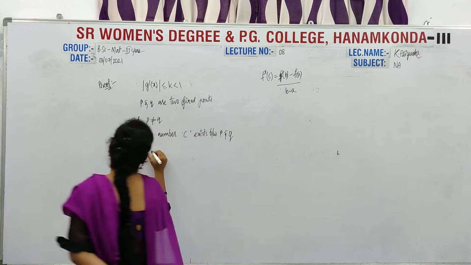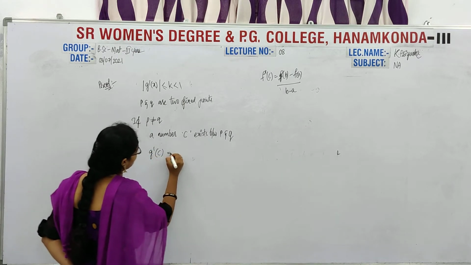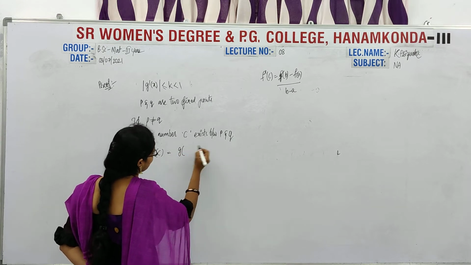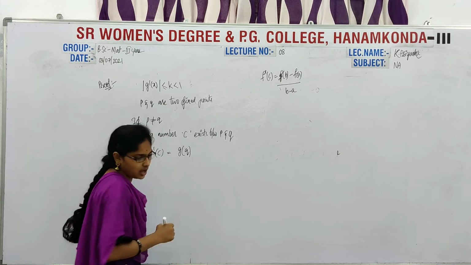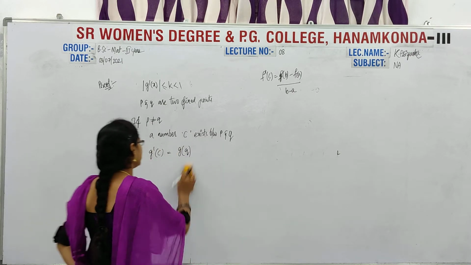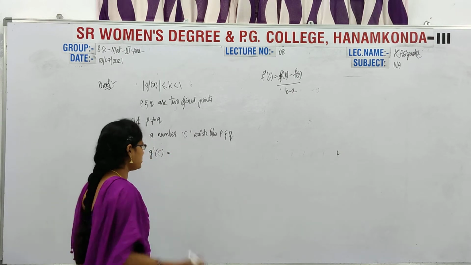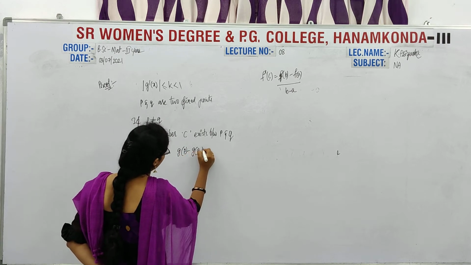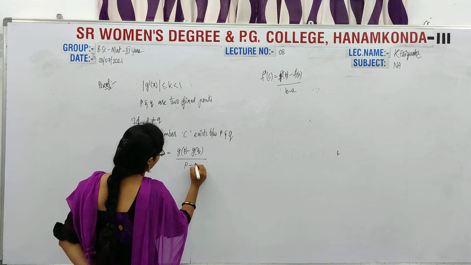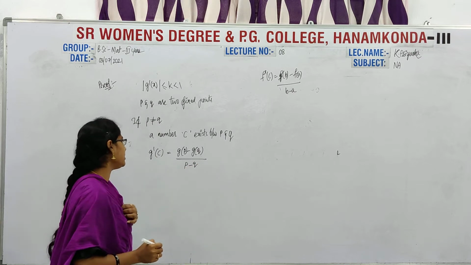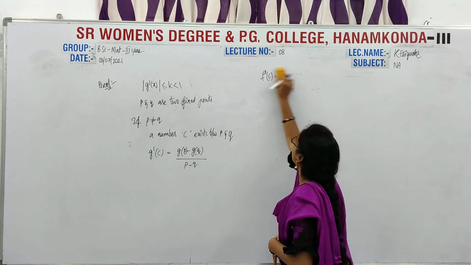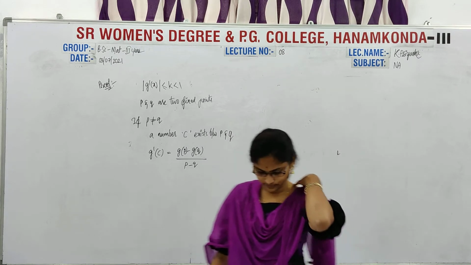Then what we get: g dash of c is equal to g of p minus g of q, whole divided by p minus q. Otherwise you can take it the other way, whatever it is, that is your wish. So this is nothing but the result obtained from Lagrange's mean value theorem.